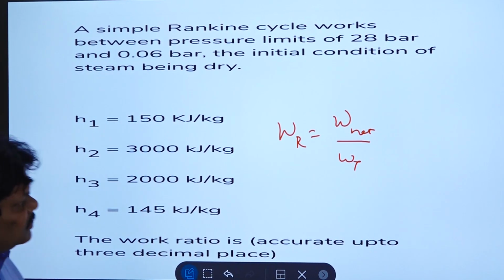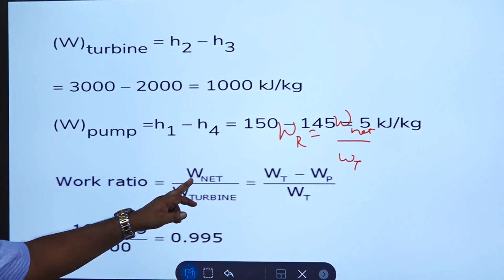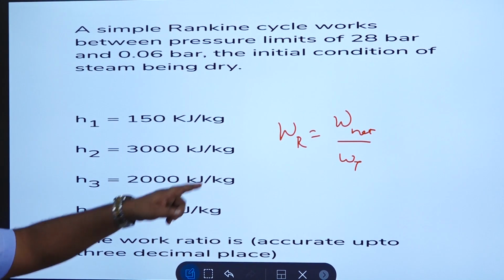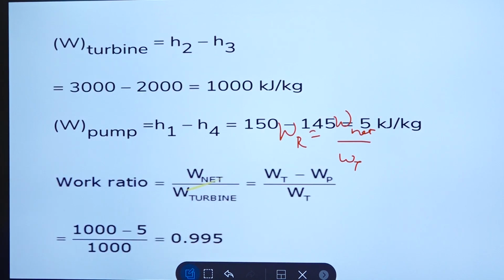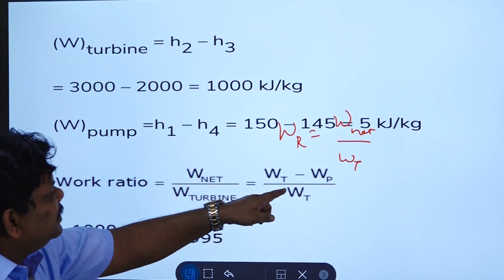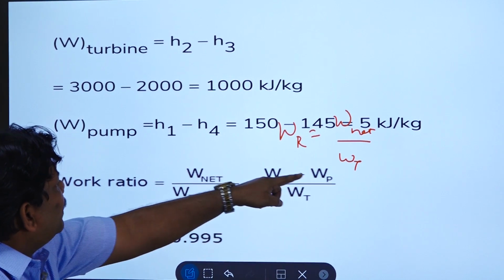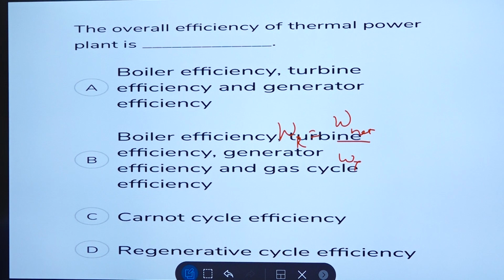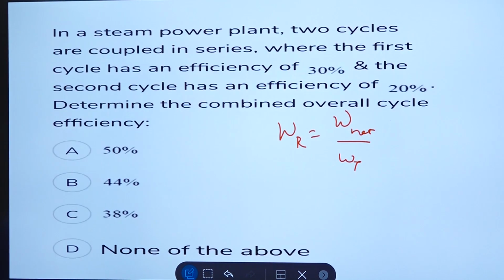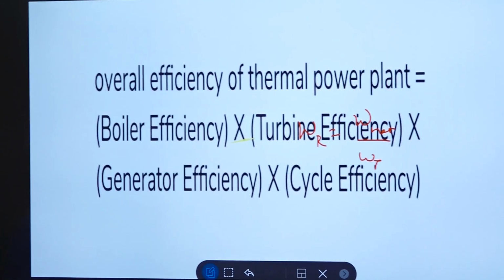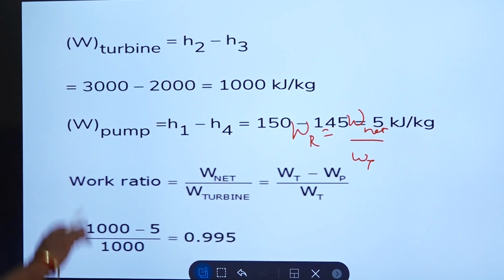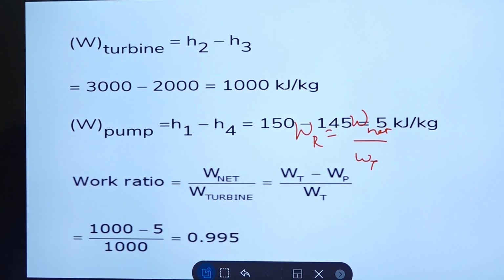Net work is the difference between the work done by the turbine and the work done by the pump. The work done by the turbine is the difference between H2 and H3.